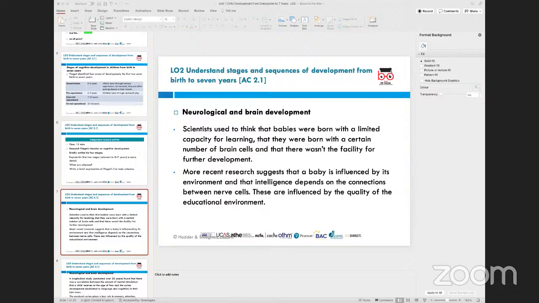And when we look at the early years of development from a neurological and brain development point of view, the first 8 years, from birth to 8 years, play a very vital role in the development of the child overall.